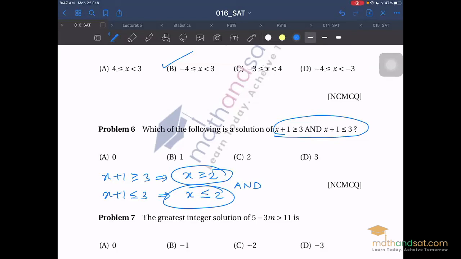It's the number 2, right? Because if you need a number to be greater than or equal to 2 and less than or equal to 2 simultaneously, 2 is the only possibility. Am I right?